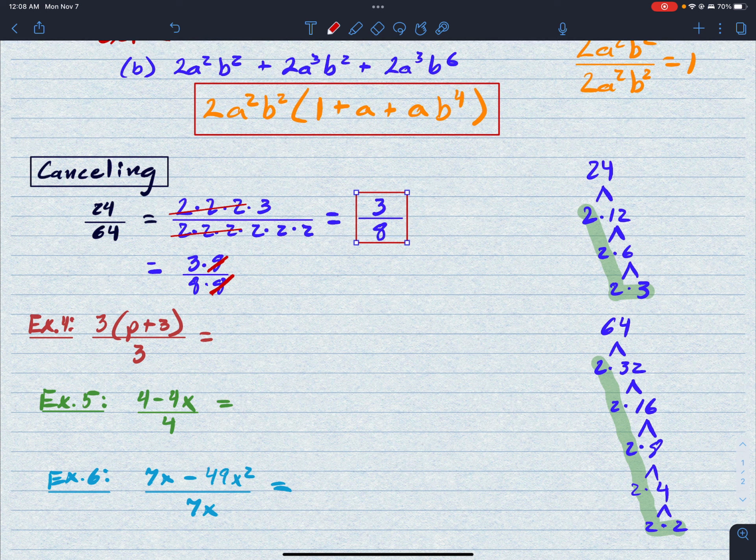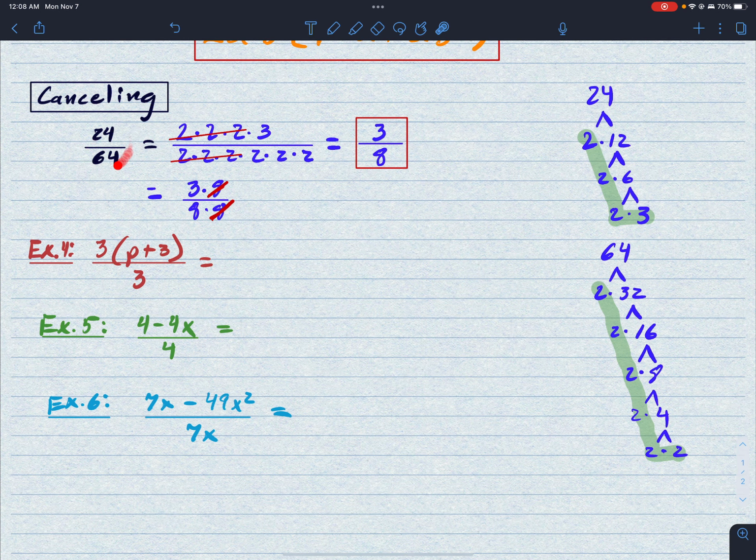Well, that's what's going to happen with algebraic expressions. In this, we were doing it with a numeral, in this 24 over 64, but now we're going to talk about it when it comes to expressions, example 4, 5, and 6. If you have a factor on the top and the bottom that is in common, as long as everything is multiplied here, this is technically 3 times p plus 3.